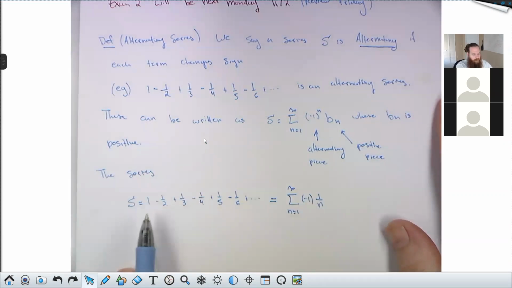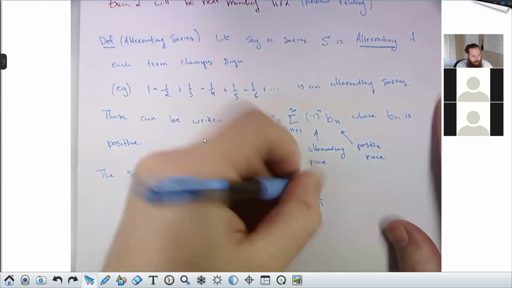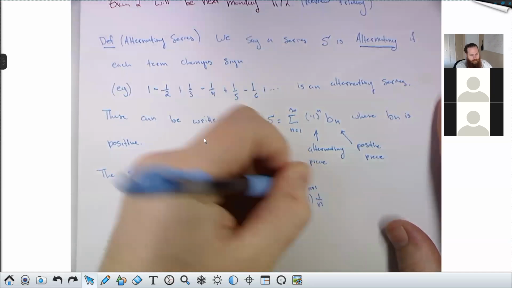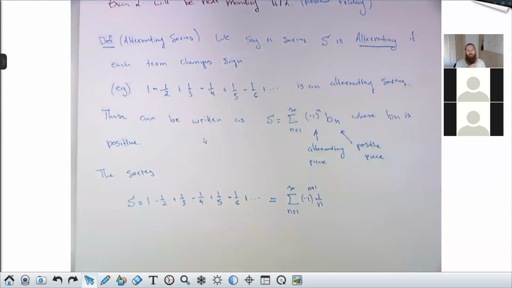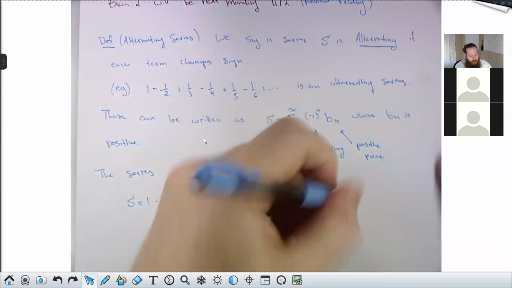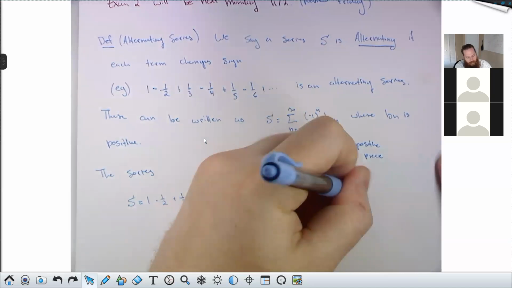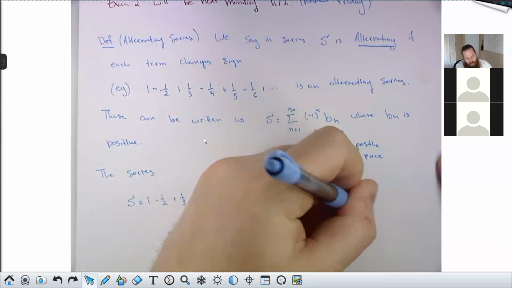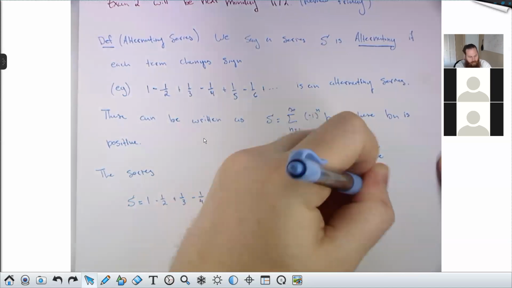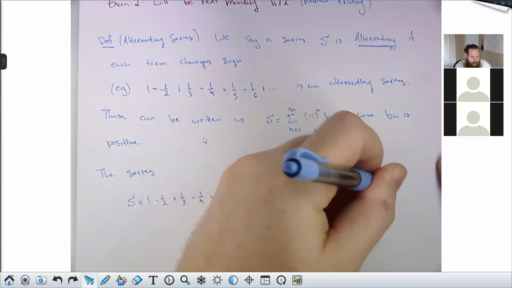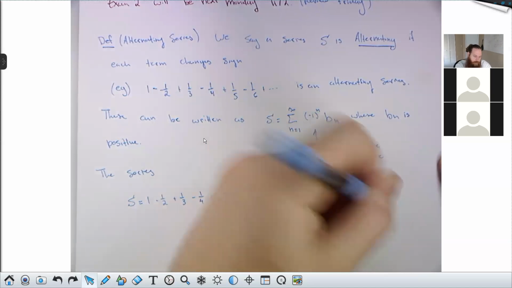But then in order to make the signs match up, I can't just have -1 to the n here, because -1 to the 1 would make this first term negative. -1 to the 2 would make this second term positive. So instead what I have is -1 to the n plus 1. Or you can write this more compactly as sigma n from 1 to infinity, -1 to the n plus 1 over n.